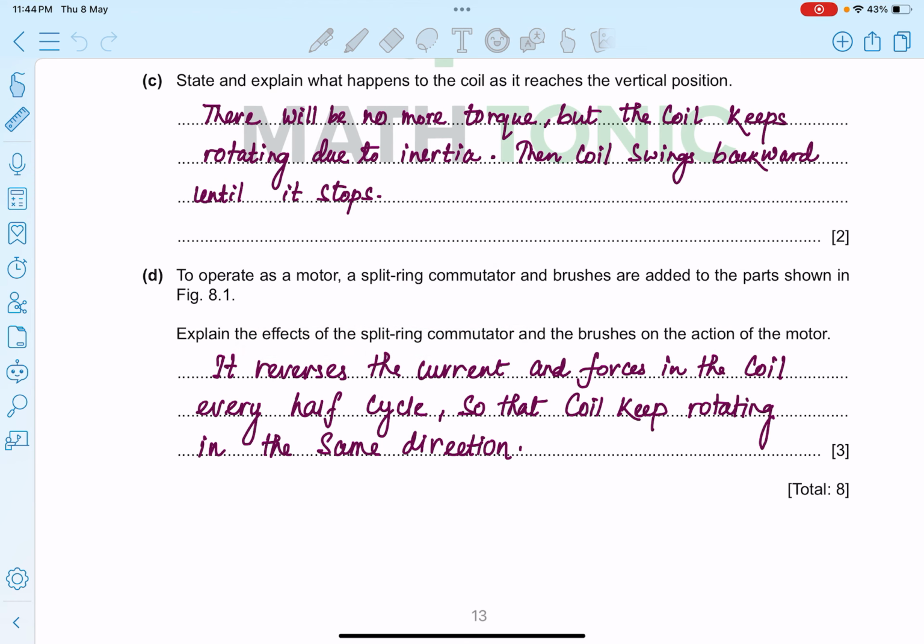You have to remember the function of the split ring commutator. Basically, the split ring commutator reverses the current and forces in the coil every half cycle, or we can say it reverses the direction of current every half turn, so that the coil keeps rotating in the same direction. That is the effect of the split ring commutator and the brushes.